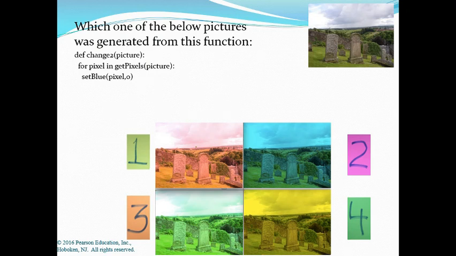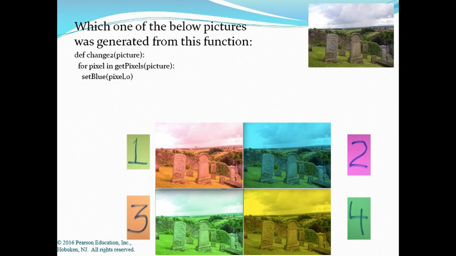Which one of the below pictures was generated from this function? Define change to, it's a function. It takes a picture object as an input, and it says for pixel in get pixels, it sets blue at each pixel to 0. So which one do you think is the right one? From the original on top to the bottom one, we could definitely try this out.